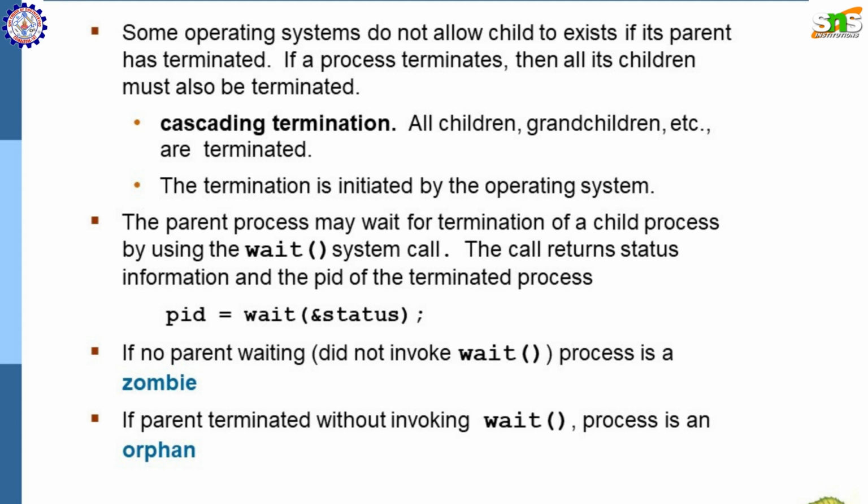If no parent is waiting for the child process, then the process is called a zombie. If a parent terminated without invoking wait, then the child is an orphan process. So this is all about process creation and process termination.